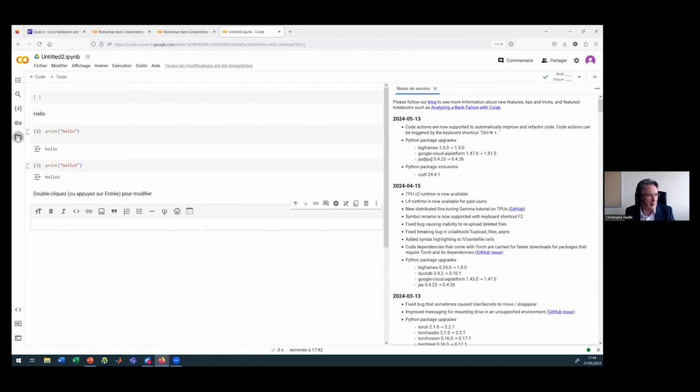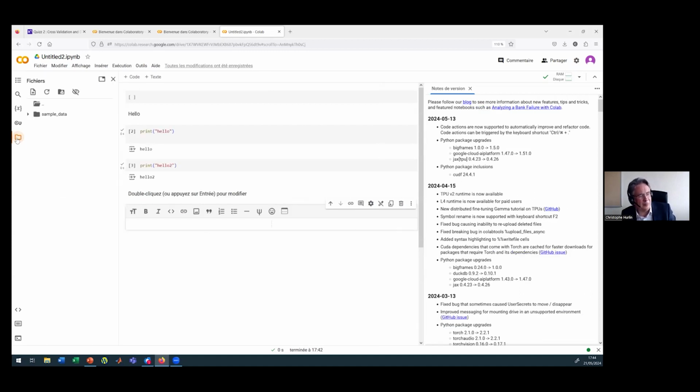Okay, here you have a command with this file symbol in which I can reach some files that are loaded on my Google Drive, but I can also upload some files from data files directly to my drive within Colab.